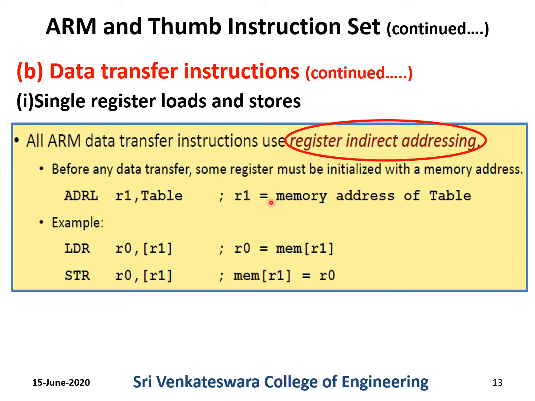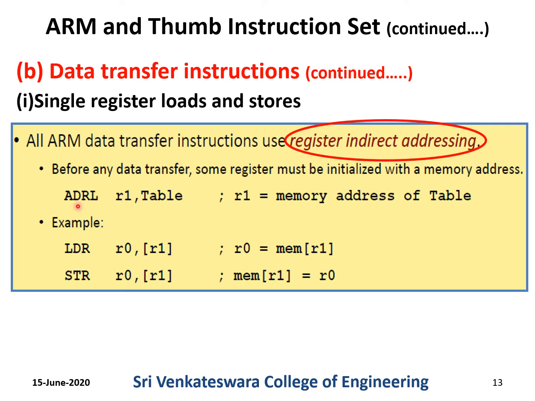So the memory address of this table is loaded into R1. For that, this instruction is used. ADRL stands for address register load. So the address of this label called table will be loaded into R1.